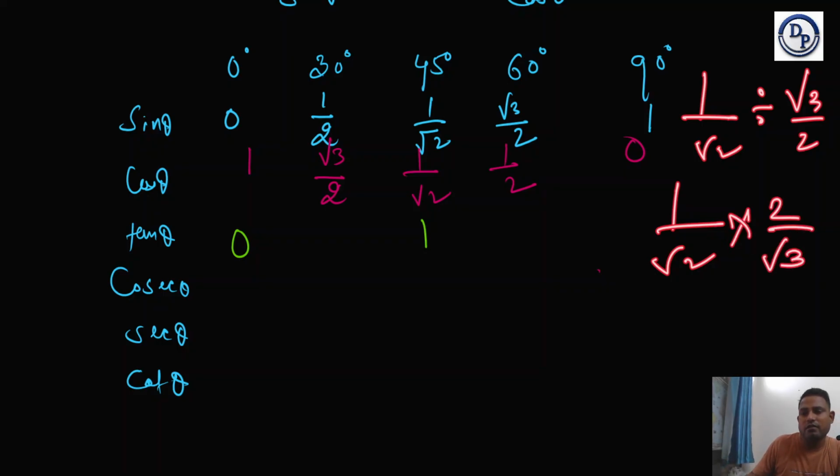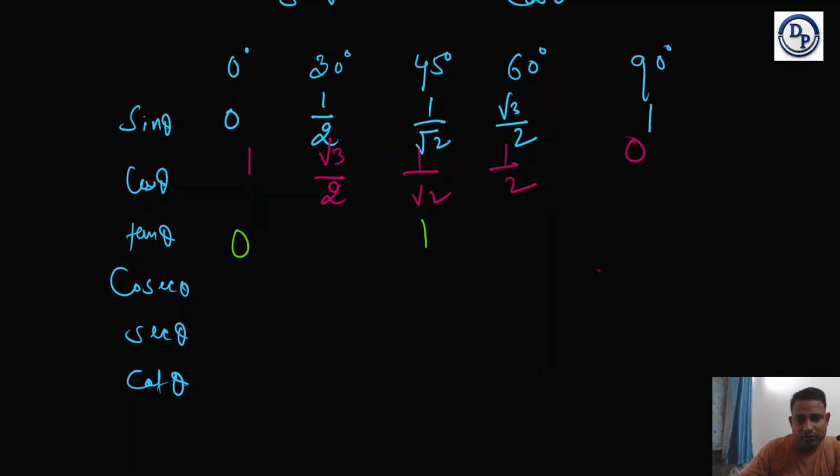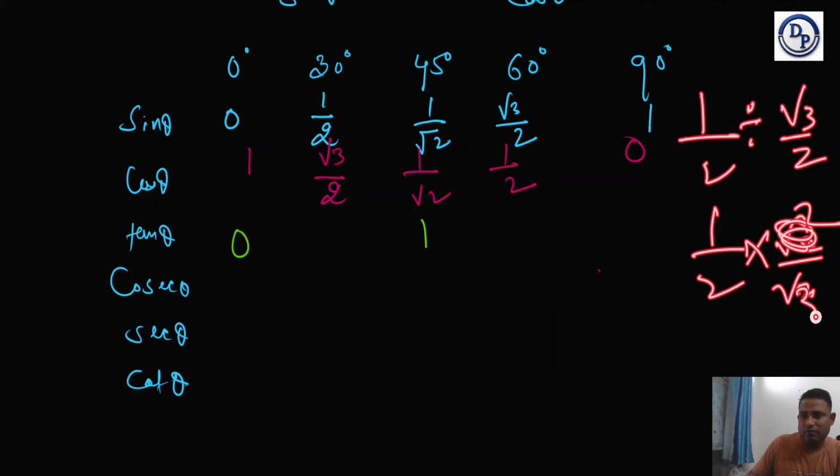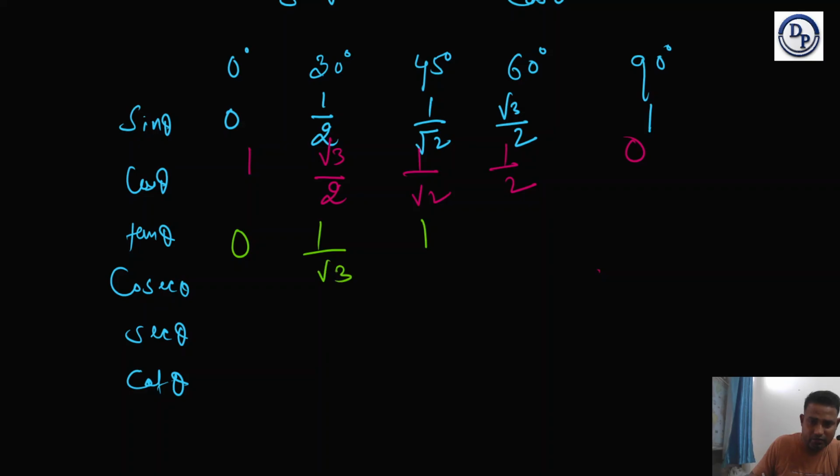The 2s cancel, and we get 1 by root 3. Here we get only root 3. Here it is not defined. This is how we can get the ratios.